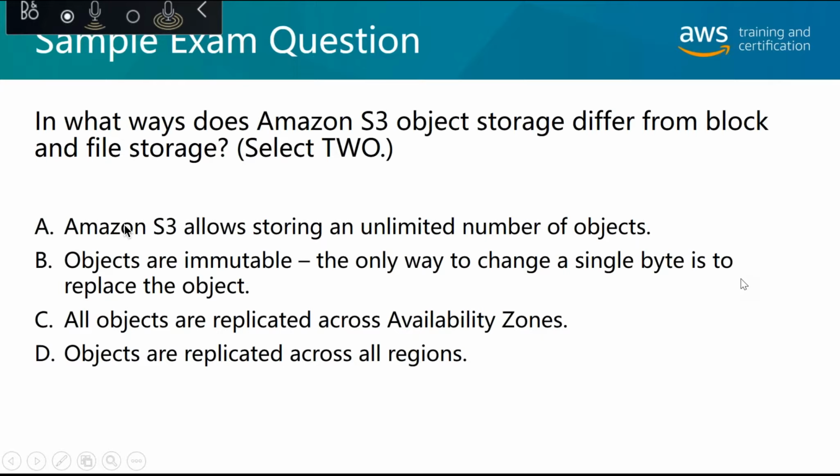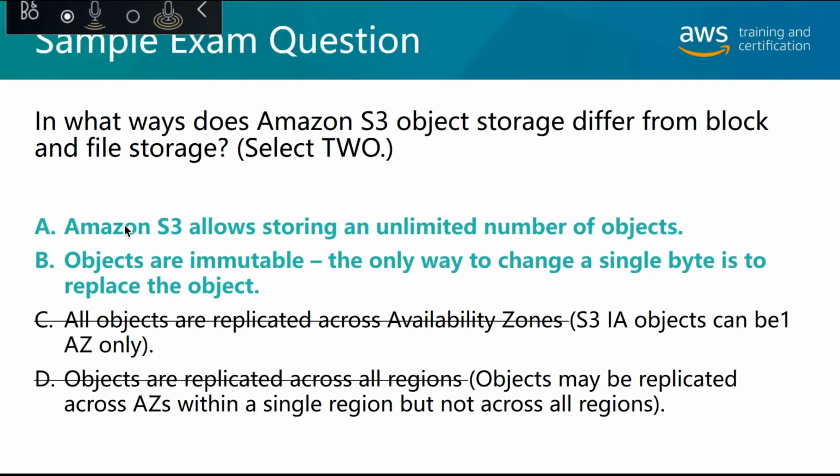So, exam question. In what ways does Amazon S3 object storage differ from block and file storage? Amazon S3 allows storing an unlimited number of objects. We said that. It's true. You can have an unlimited number of objects, and the maximum object size is 5 terabytes.